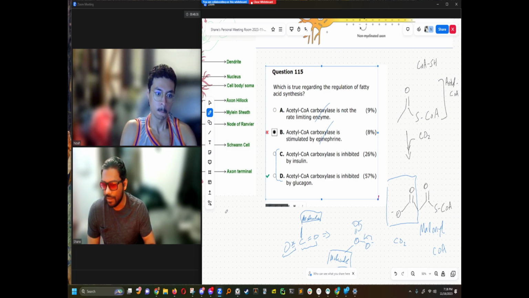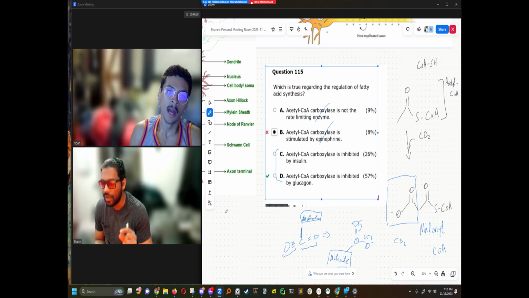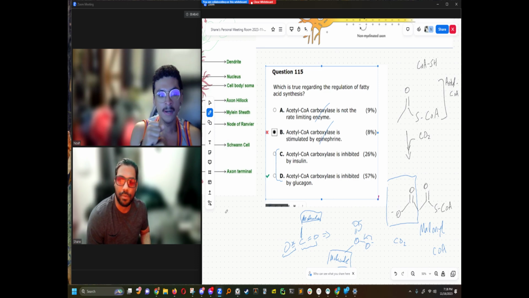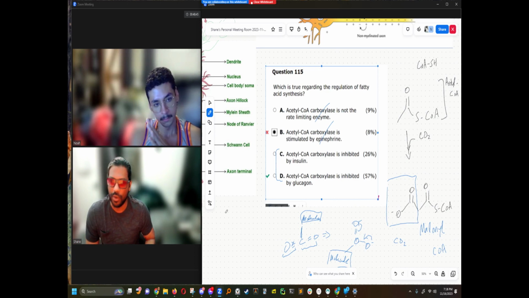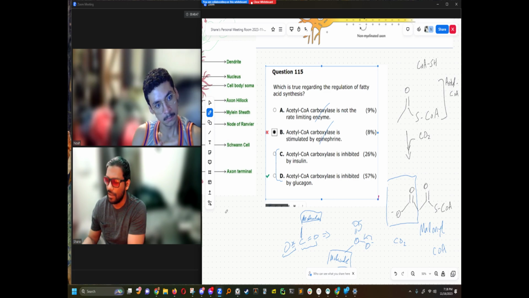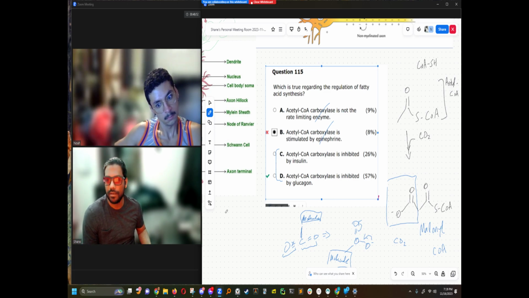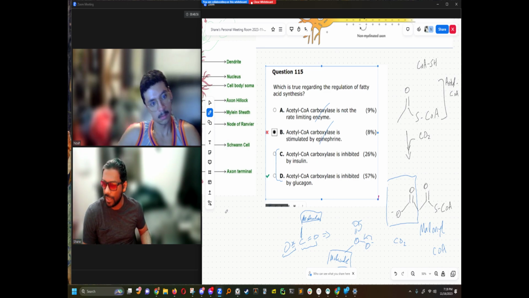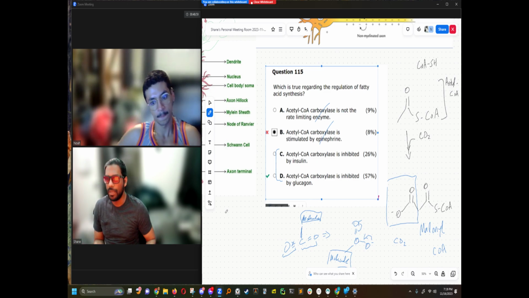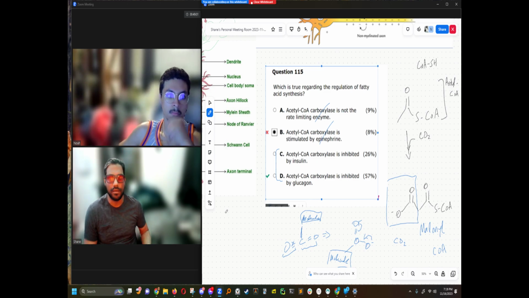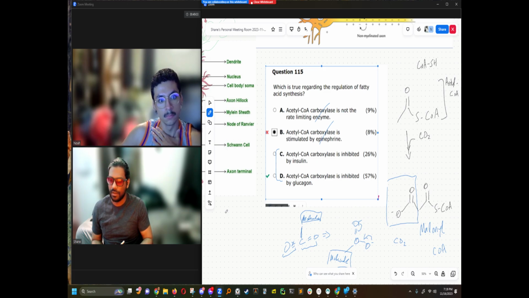and D is saying that this enzyme is inhibited by glucagon, and we know that insulin works in the opposite way from glucagon. Insulin involves taking the blood sugar from the blood into your tissues, and glucagon will be taking the glucose and sugars from your tissues and putting them into the blood.